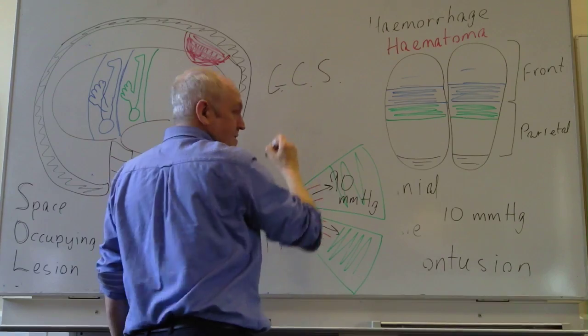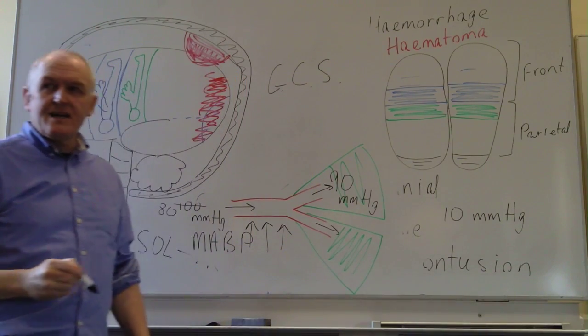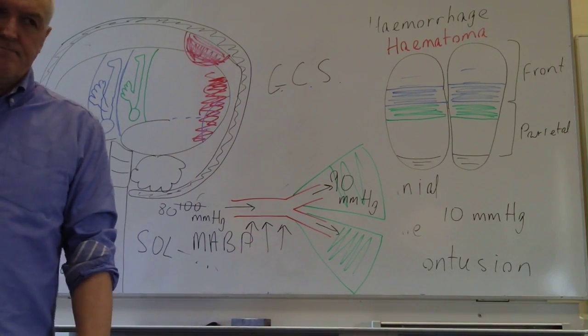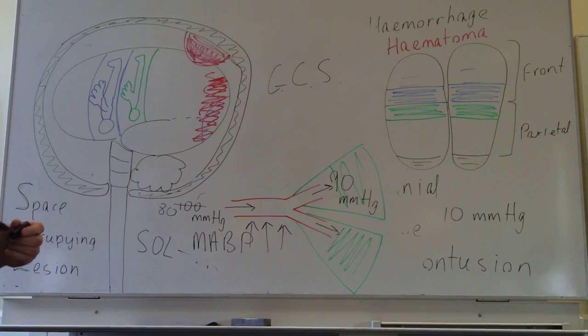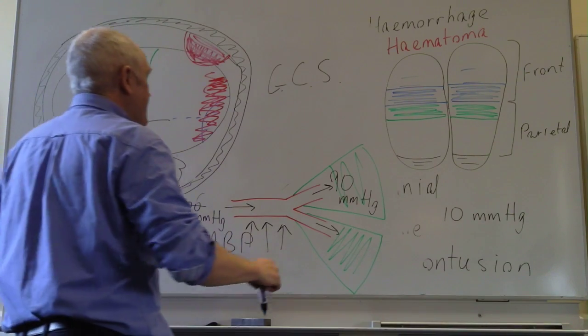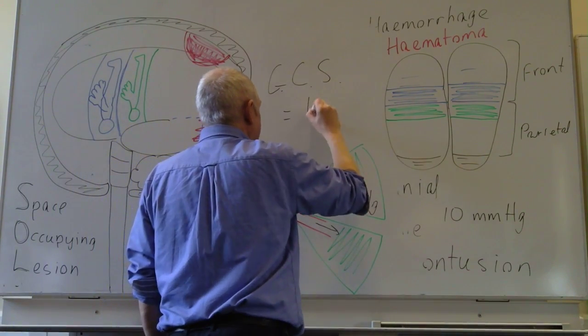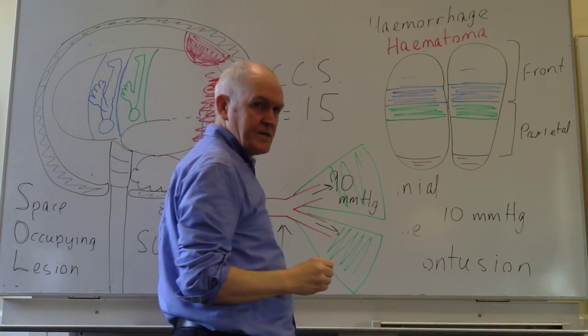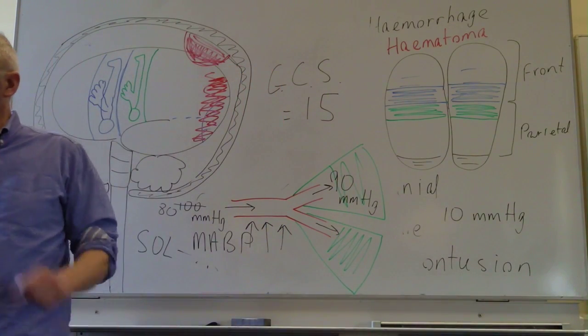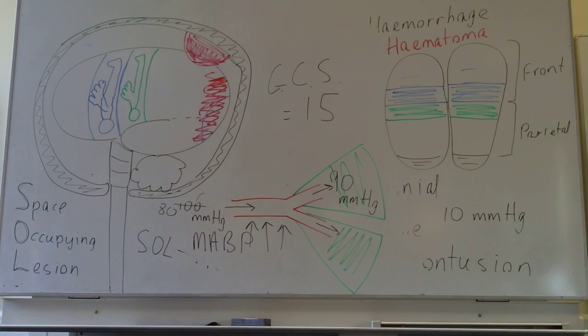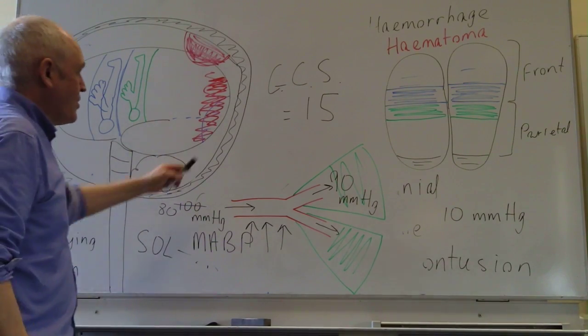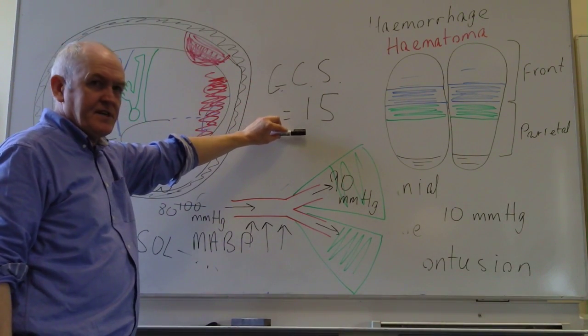GCS. We measure levels of consciousness by the Glasgow Coma scale. And when you are fully conscious, your GCS is 15. I'm not going to tell you how to do that because Jean will do it. But when your levels of consciousness are normal, your GCS is 15.